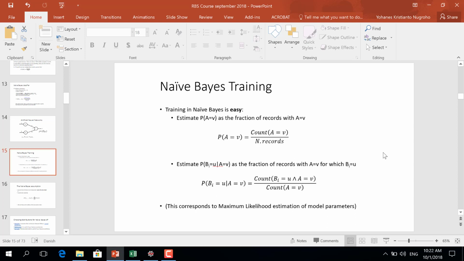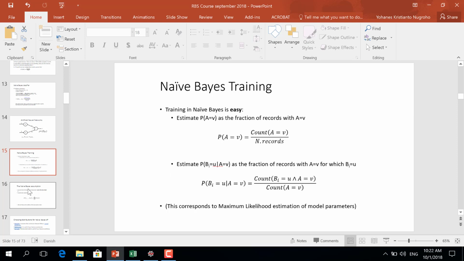So finally, we have to train the classifier. Here, the data can be split into two parts: the training data and also the validation data.